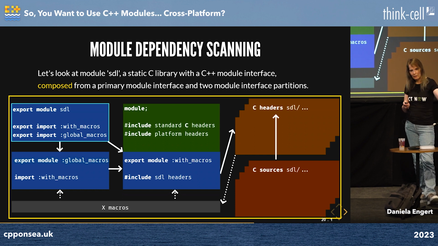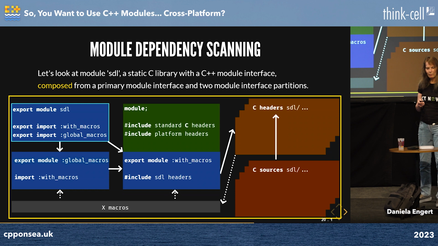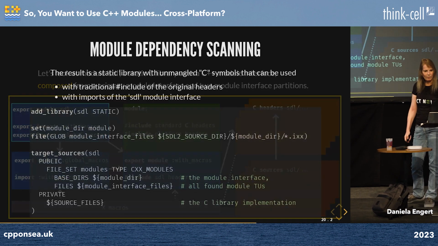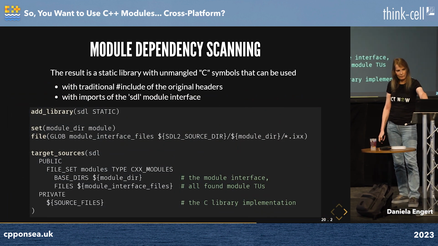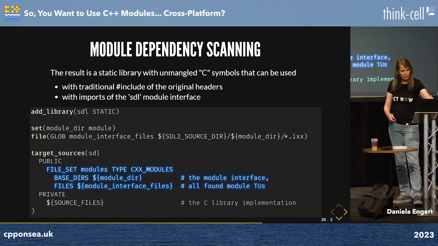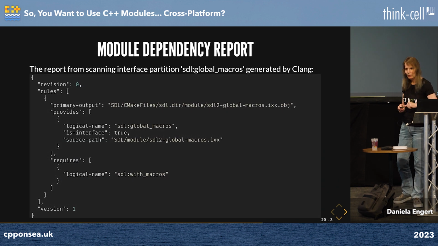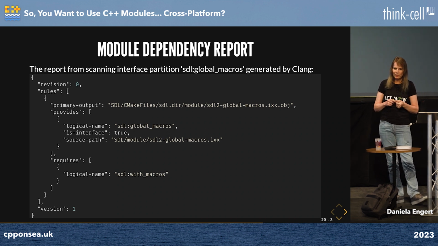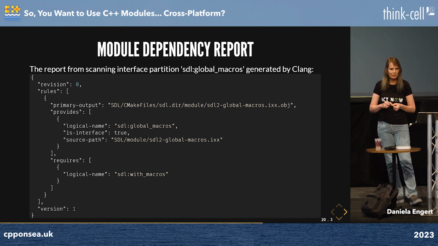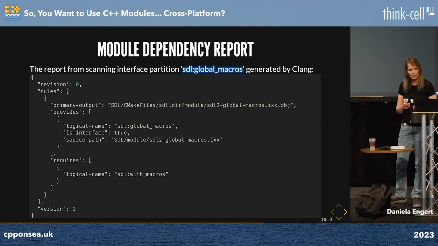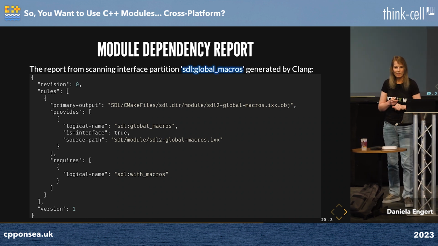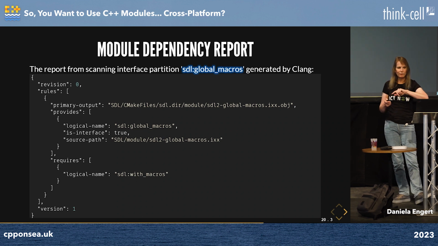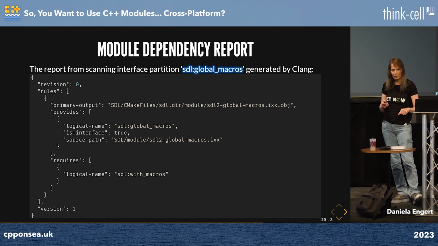And as you can see here, we have a composite module, and this asks for dependency scanning. So, this is expandable here. If we supply, for example, one of these interface partitions to the module dependency scanner, the translation unit of it, maybe this one here, then the dependency scanner will come back with a report that looks like this one here.